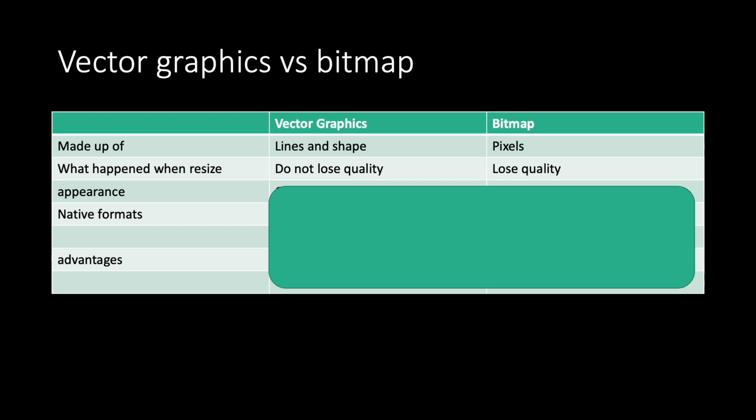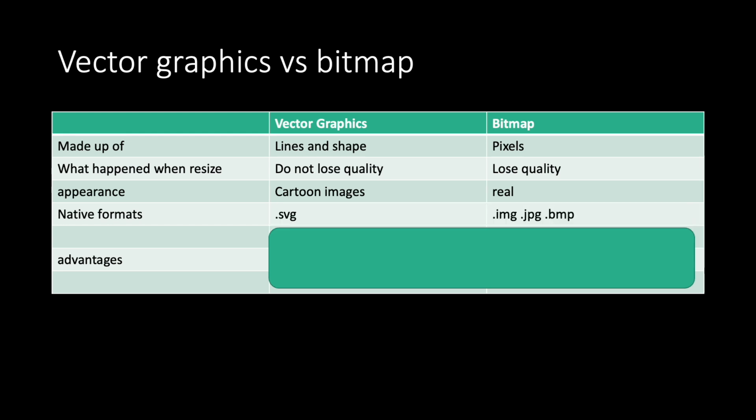Vector graphics look a bit like cartoon images, but on the other hand, bitmaps look real. Native formats: for vector graphics, just think of the one that I just taught you previously, which is .svg, perfect. And for bitmap, we've got .jpeg and .bmp.